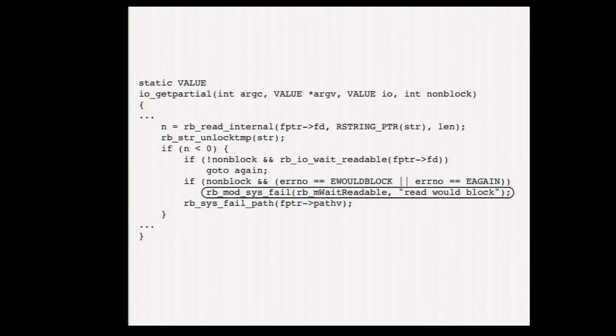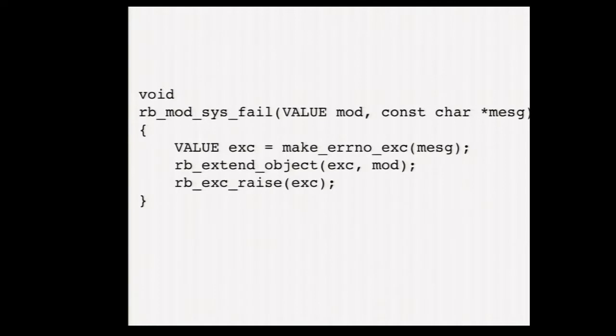Well, what does this mod_sys_fail do? mod_sys_fail is implemented like this, and actually every single time that exception is raised, it extends a module into it. So if you're using non-blocking reads on MRI, it's doing constant singleton creation, constant extend calls, and blowing away method caches every single time.